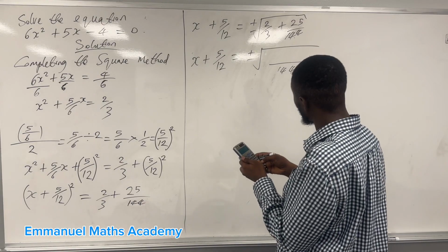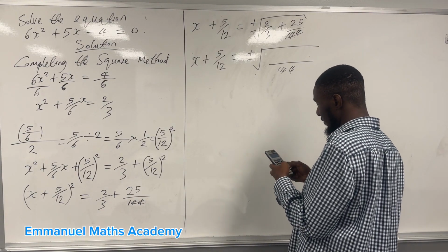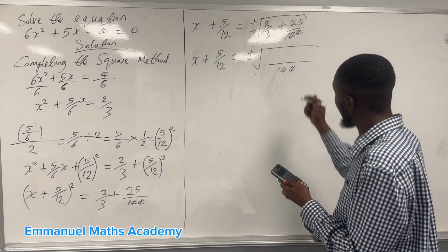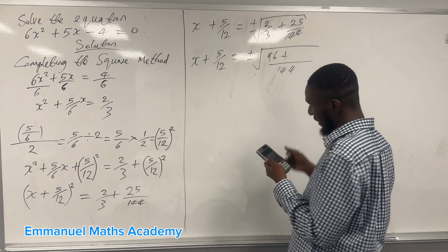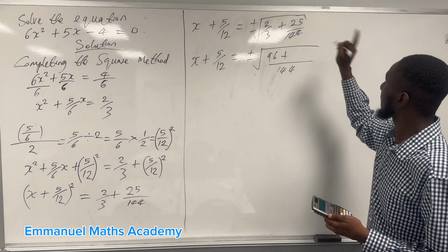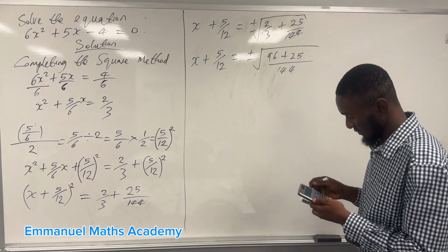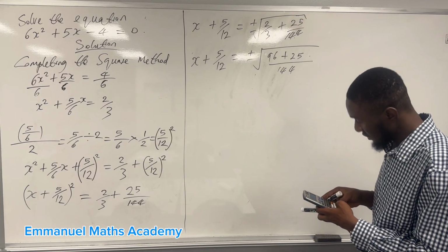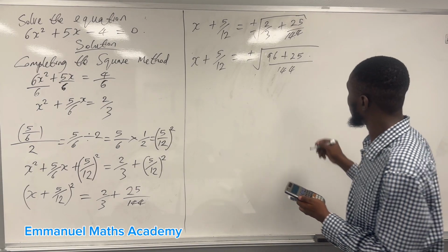So 48 times 2 will give you 96. 96 plus 144 divided by 144 will give you 1. 1 times 25 will give you 25. Right? So 96 plus 25 will give you 121.